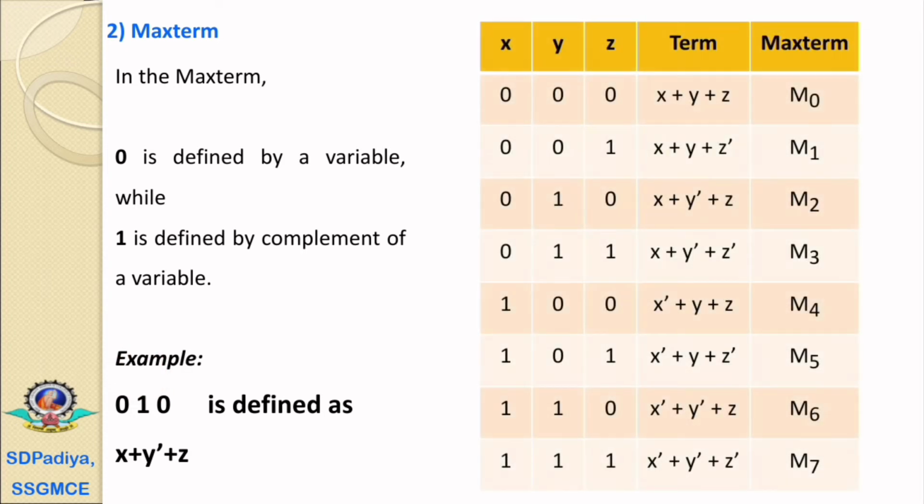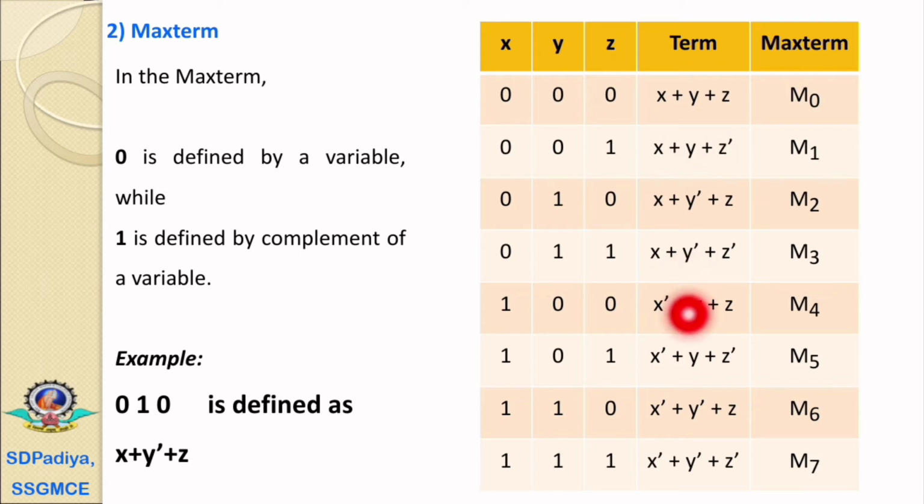Similarly, if we have these three variables x, y, z, then for all these 8 combinations, 0, 0, 0 up to 1, 1, 1, we can find the term by replacing 0 by a variable and 1 by a complement of a variable. If we look at this table, the first term for 0, 0, 0 is x plus y plus z. For 0, 0, 1, it is x plus y plus z dash. For 0, 1, 0, it is x plus y dash plus z. For 0, 1, 1, it is x plus y dash plus z dash.